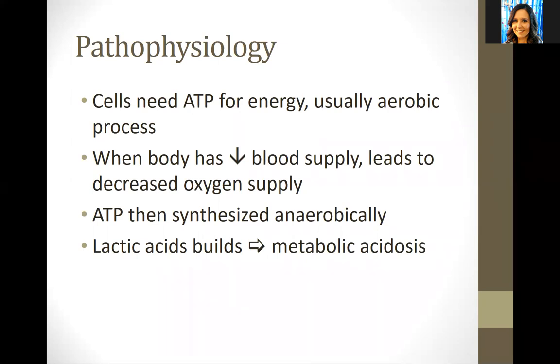But our body's smart enough that if we don't have oxygen or have a low supply of oxygen, we're going to synthesize ATP anaerobically so we can have energy. There is one caveat. If we do produce ATP anaerobically, we get lactic acid buildup. That lactic acid is an acid which can cause metabolic acidosis.